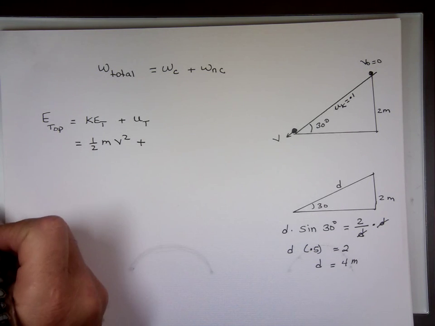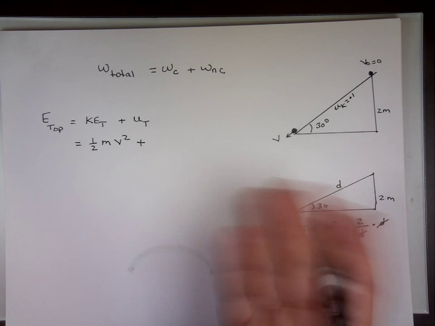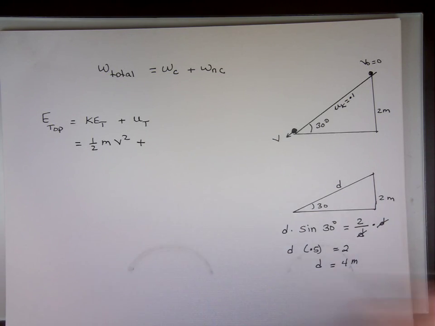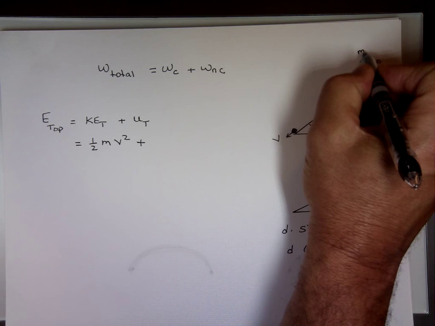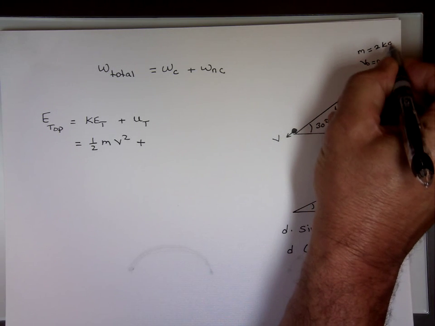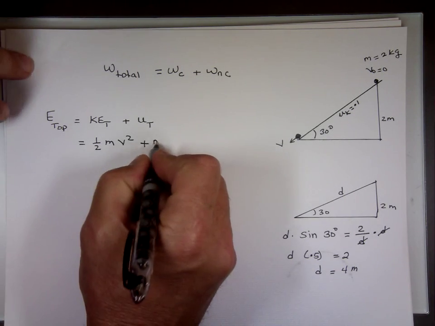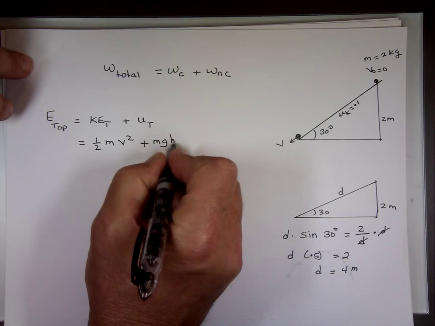You know what? I can do without it, but just to make this problem a little bit easier, let me give you a mass for now. Maybe the next one I'll leave it out. How heavy is a bowling ball? Like 5 pounds? Let's say 2 kilograms. Potential energy is mass times gravity times the height.